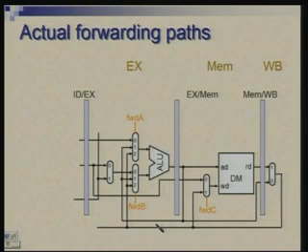To improve things, we had identified where we can have forwarding paths. This diagram for example shows that you can have paths going from the output of the ALU through this interstage register back to the ALU.